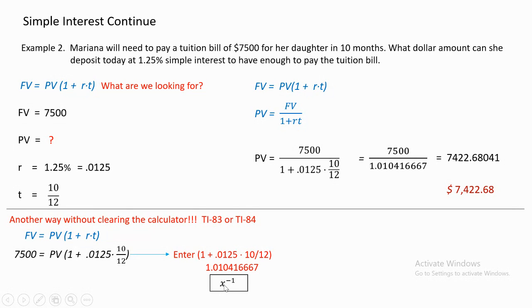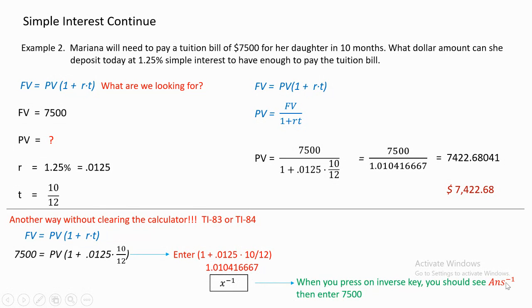Then you're going to hit the inverse key. The inverse key means that you're going to multiply by the inverse here, which will be 1 over 1.01041667. That's what the inverse key does. So you hit inverse, and this key is located, I believe, in the first column of your calculator on the TI-83 or TI-84 calculator.